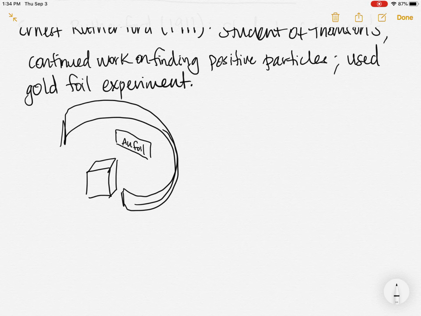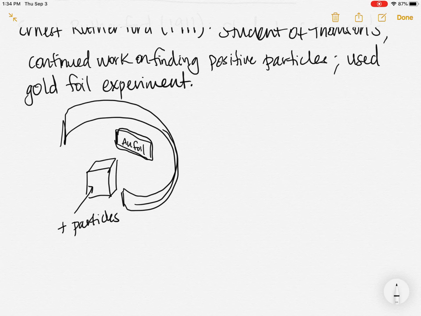So basically, Rutherford designed an experiment that had a piece of gold foil in the center, just like we think of aluminum foil, but it was gold foil. And he had a box that contained positive particles. They're actually called alpha particles, and where they come from is not extremely important to this discussion.